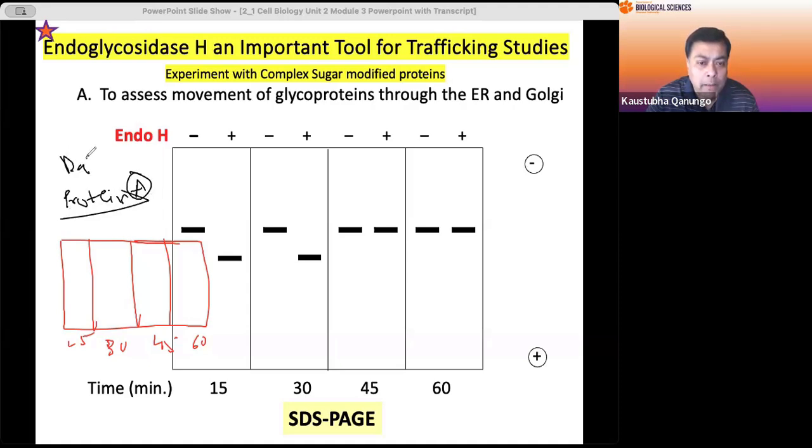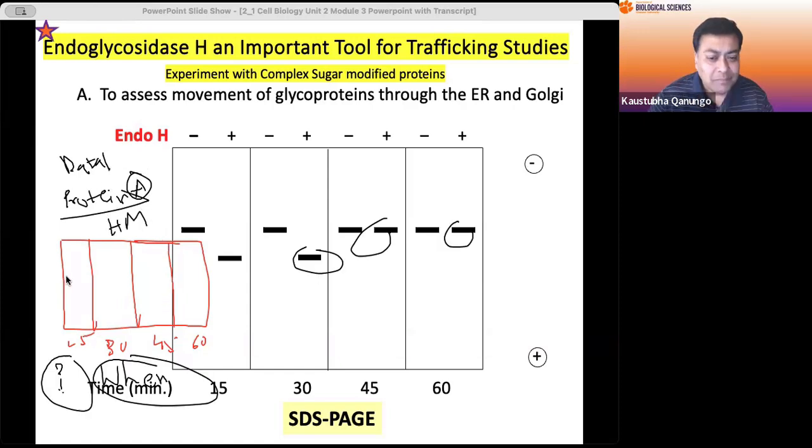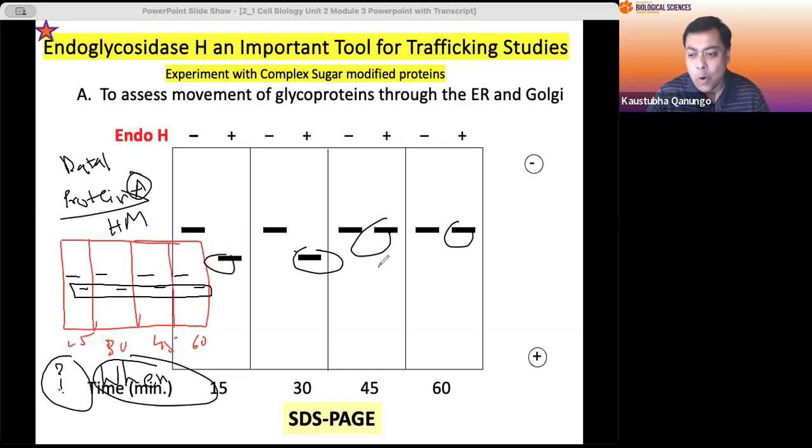So your protein A was high mannose. Remember that it is high mannose. Bands will be like this, like this, like this. It will always be at the bottom like this, all throughout. It will not shift upward.